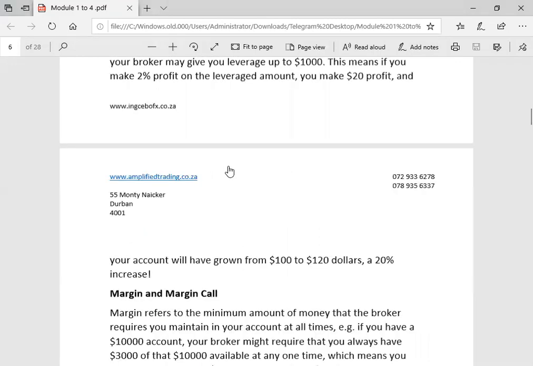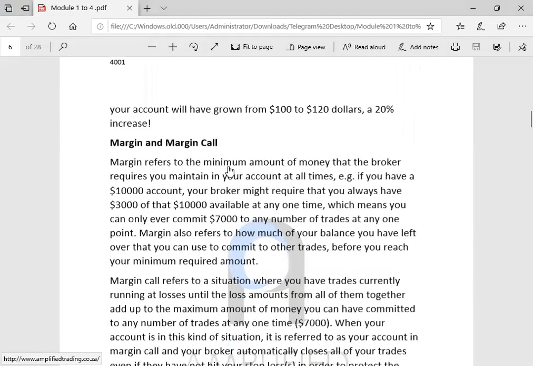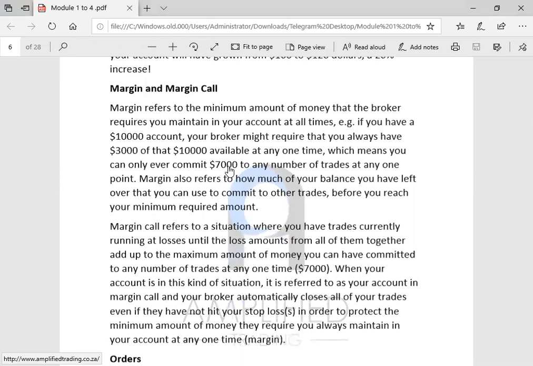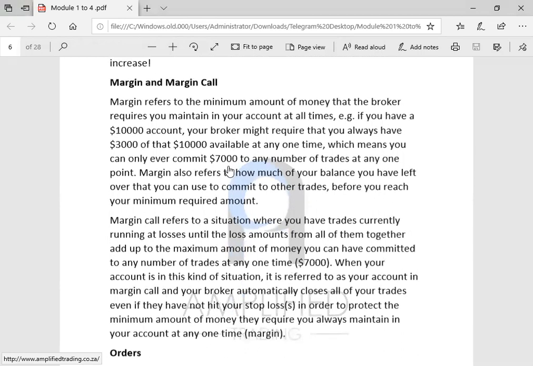All right, so now margin. Margin refers to the minimum amount of money that the broker requires you to maintain in your account. It's sort of like in your bank accounts, there's a minimum amount. The broker will have a margin stop out level, let's say 20%, which means if your balance goes below 20% of what you had in your account.